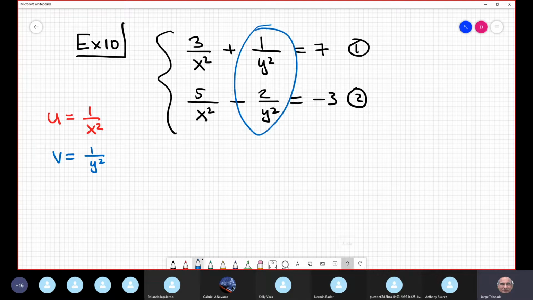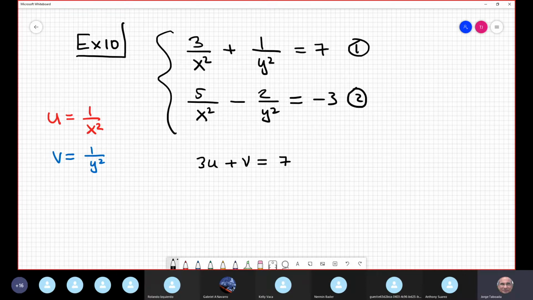Now, immediately when you change the variable, this is 3u plus b equals 7. And this is my equation number 1, new, after the transformation.